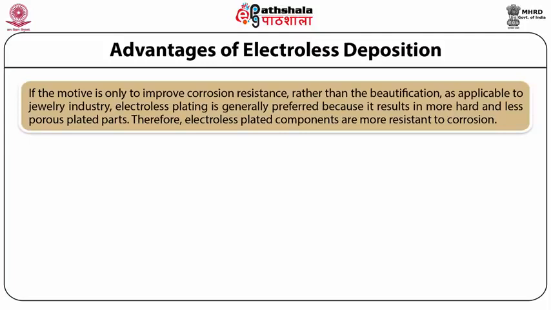If the motive is only to improve corrosion resistance rather than the beautification as applicable to jewelry industry, electroless plating is generally preferred because it results in more hard and less porous plated parts. Therefore, electroless plated components are more resistant to corrosion.